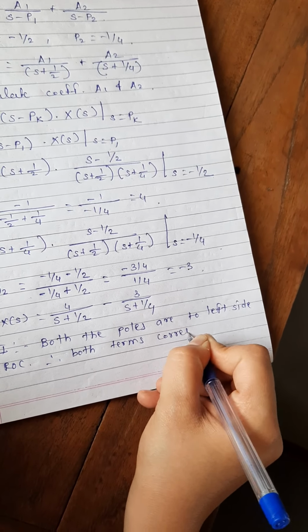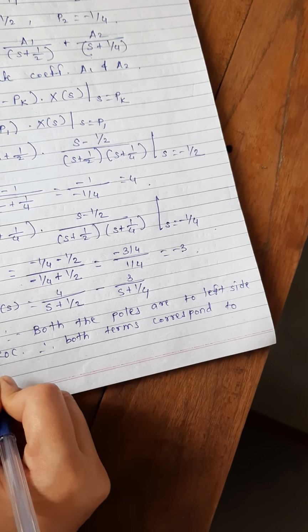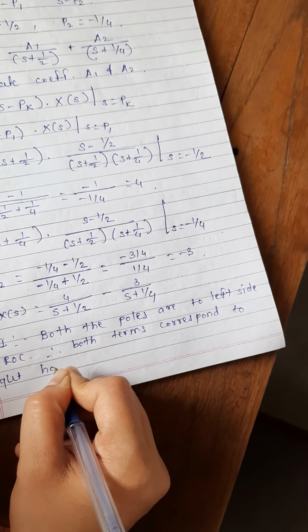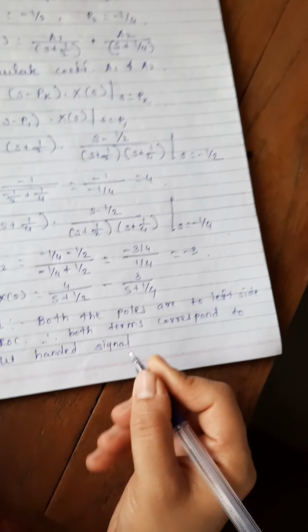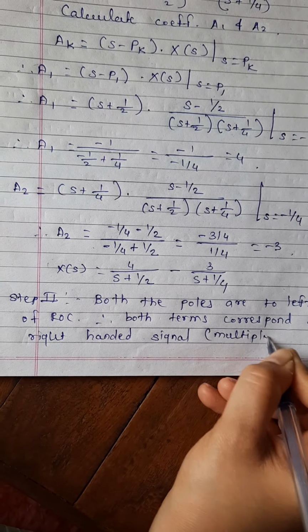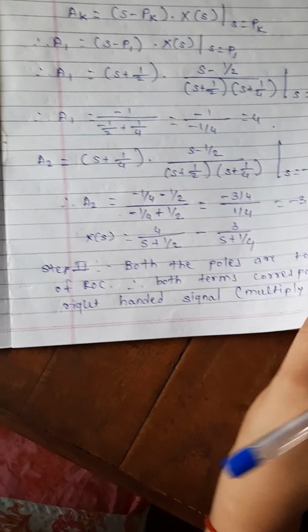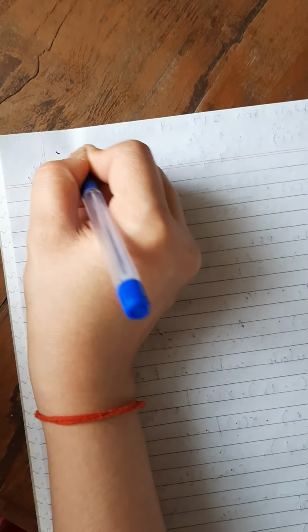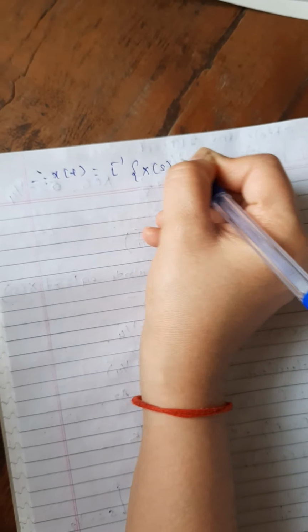Therefore, both terms correspond to a right-handed signal, that is, multiplied by u(t). So x(t) is equal to the Laplace inverse of X(s).